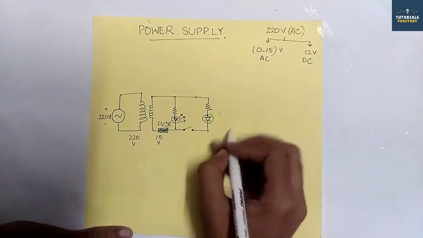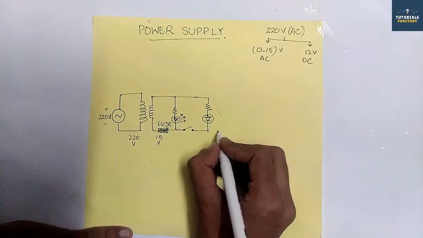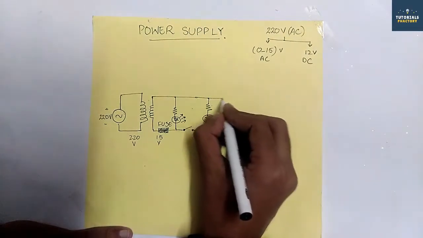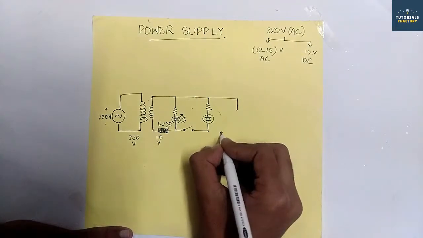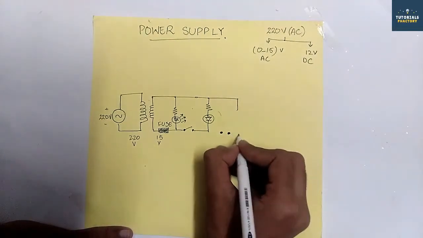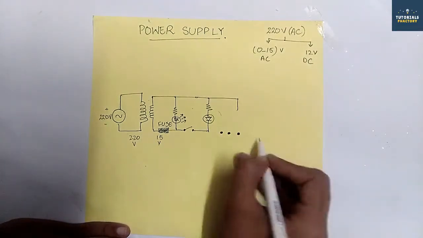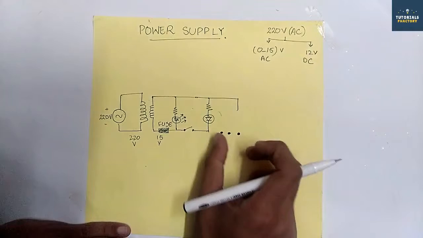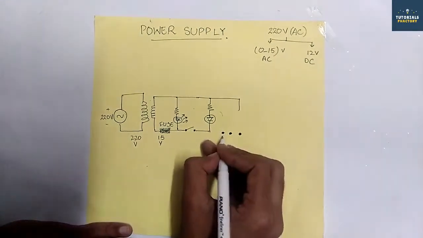Now what am I gonna do? I'm just gonna place a potentiometer. Let's say that this is our potentiometer. As you know, the potentiometer has three connections.